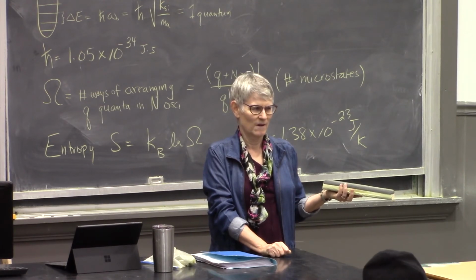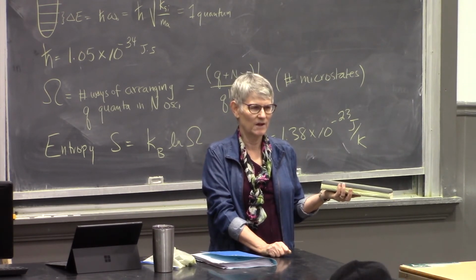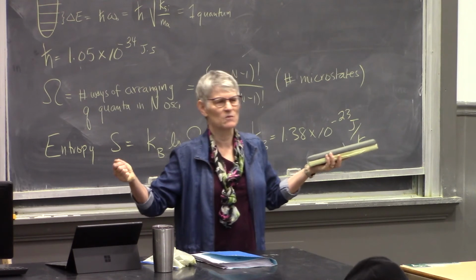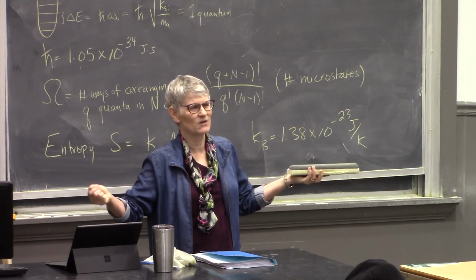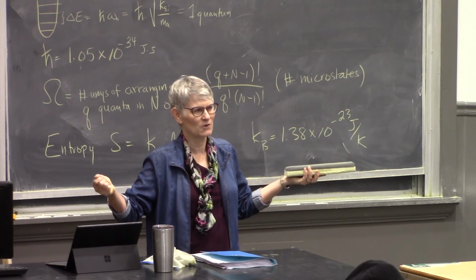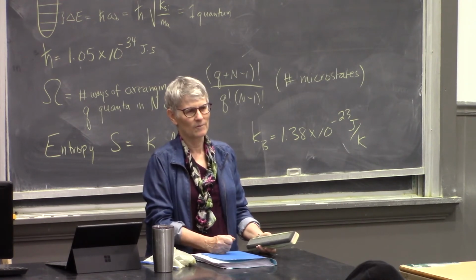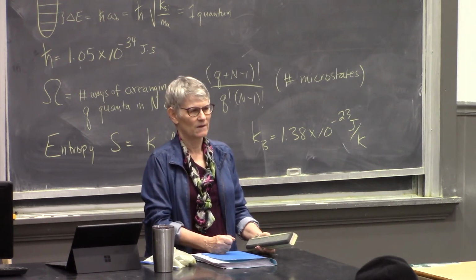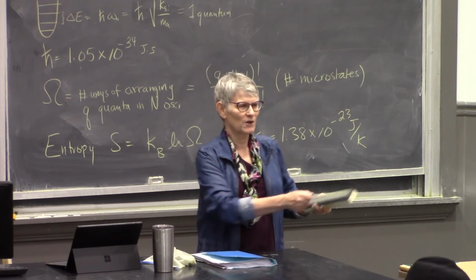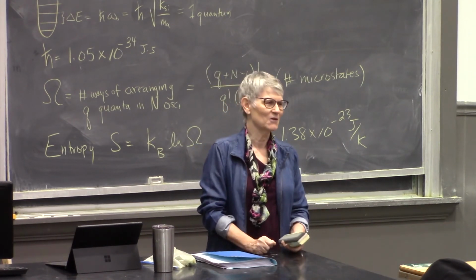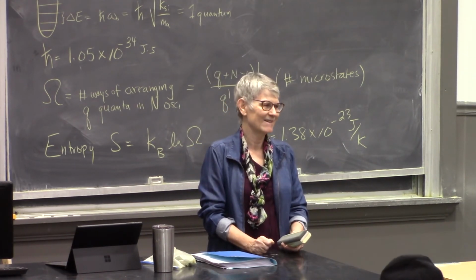No. But the best it could do is break even, right? It could just stay the same if it was at equilibrium. But lots of agents like us are running around busily increasing the entropy of the universe, so yeah.